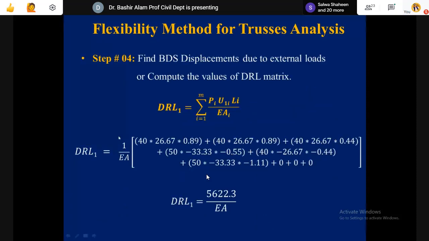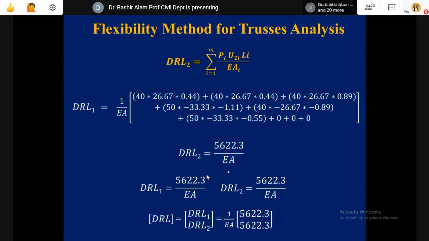Coming to DRL1 now, the combination from all the members you can see here with their appropriate signs also. You see minus minus at some locations, so you need to use these with the appropriate sign. Very simple calculations, but they need a lot of effort. So DRL1 is found, it is 5622.3 over EA. DRL2 is calculated.